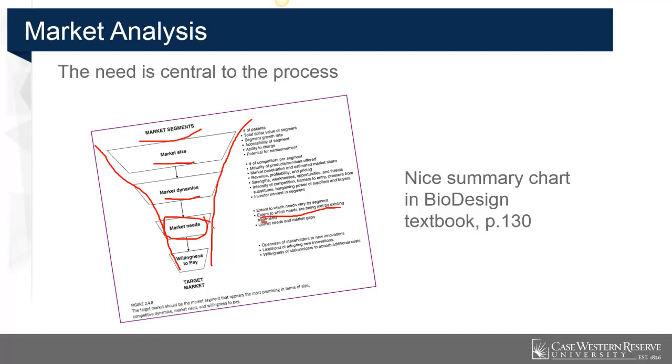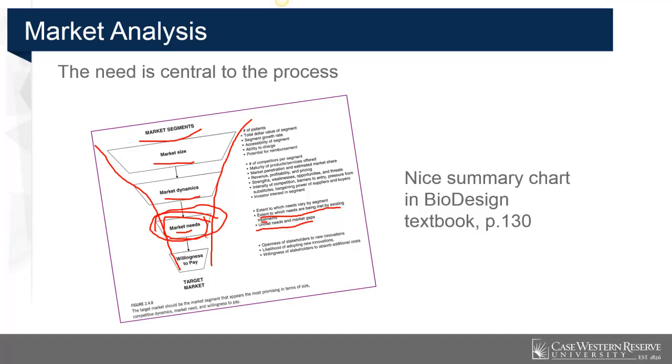They may actually be quite adequate, and our particular innovation or device may not be well accepted. So we have to understand what the unmet needs and the market gaps are, to see if there's a little room at the table for us to bring our device and solve a market need.